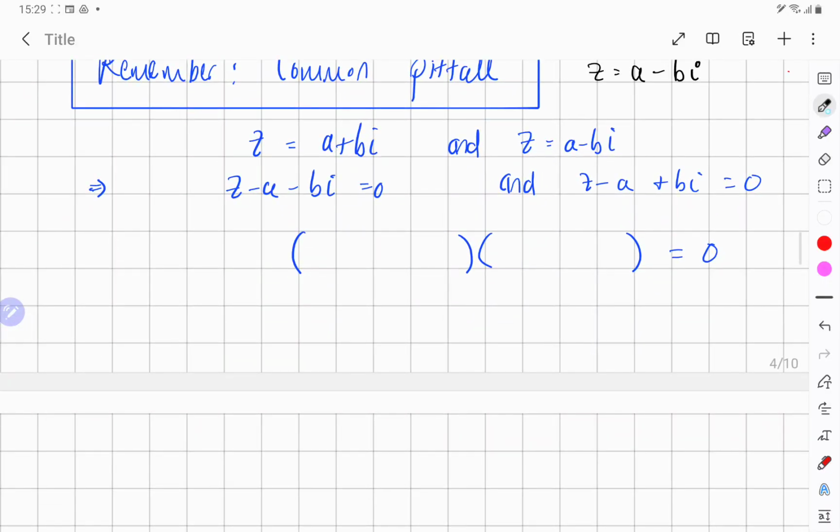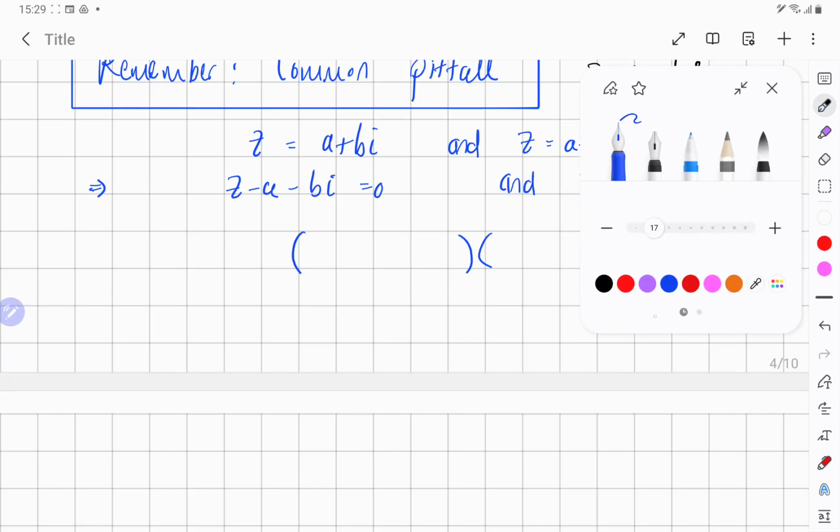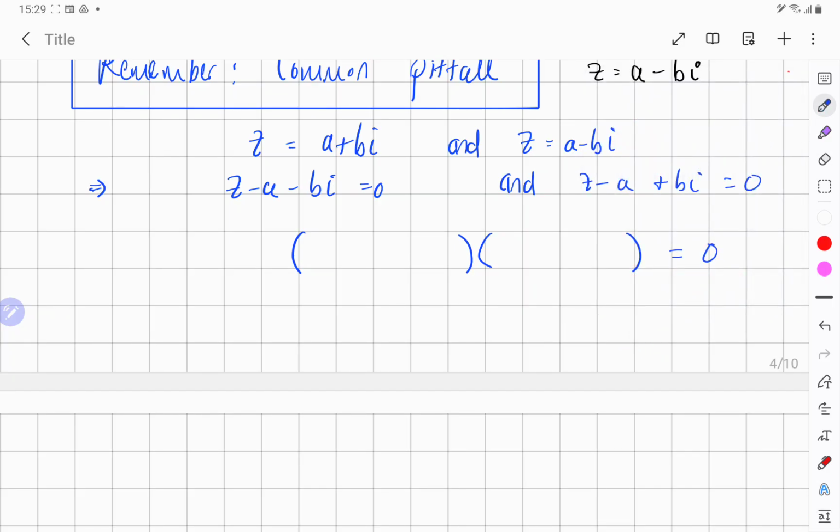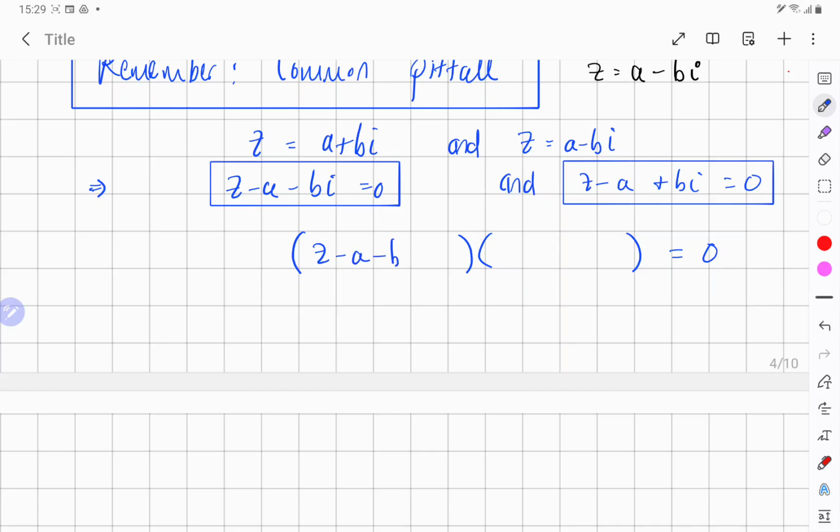Now, very important, please make a note of what I'm doing now. If you take it across, you will get z minus a minus bi. On this side, if I take it across, I will get z minus a plus bi. So in other words, if I want to get the quadratic factor, I will get this.